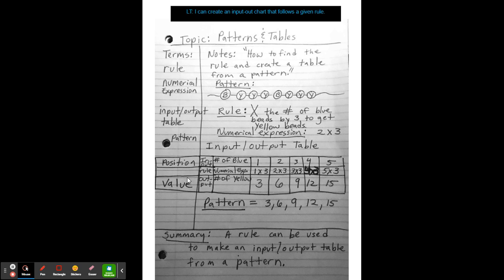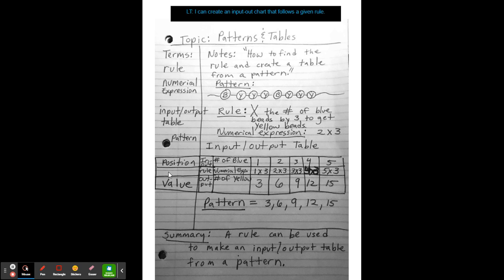You'll also see that labeled as value. And this is also how you know your pattern. So that's why I have so many extra boxes, so that you can see how the academic vocabulary is applied to the input output table.